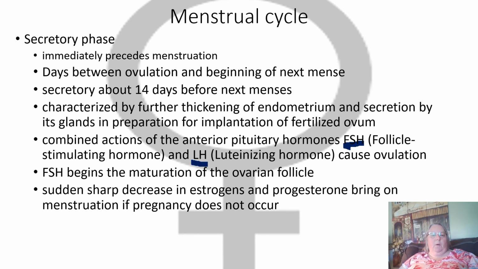So know what they are. The follicle stimulating hormone begins the maturation, and note this word, maturation, of the ovarian follicles. A sudden sharp decrease in estrogens and progesterone bring on the menstrual cycle if the pregnancy did not occur.